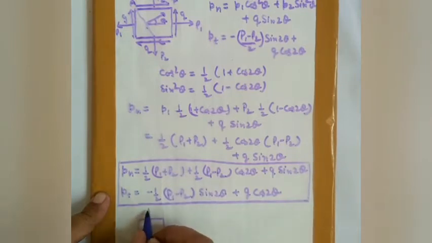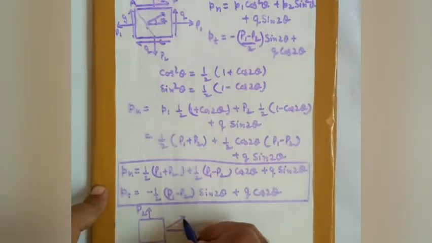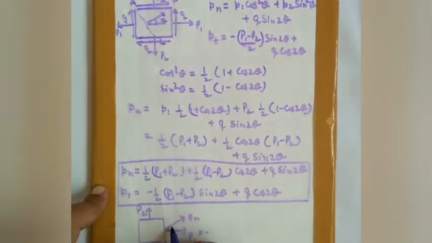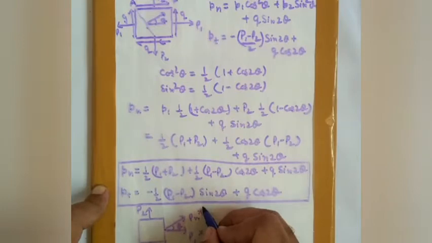P1 and P2 are acting along x and y axis, whereas Pn is acting at an angle theta from the x axis. So let us say this is the x1 axis.